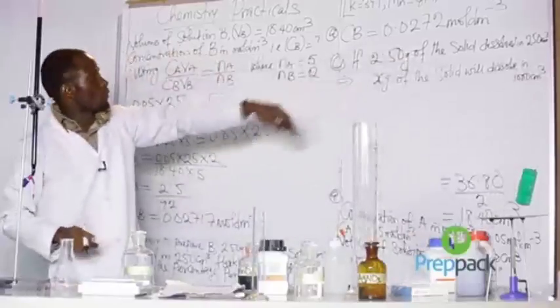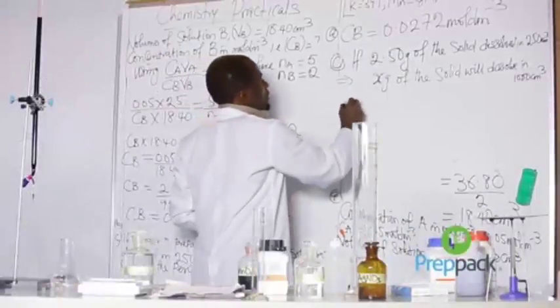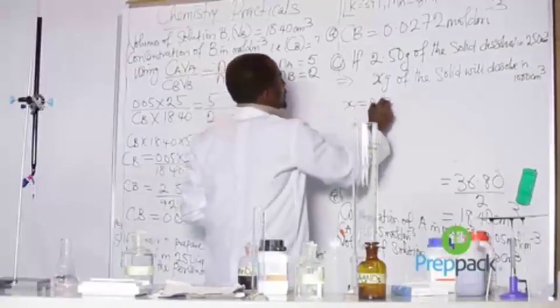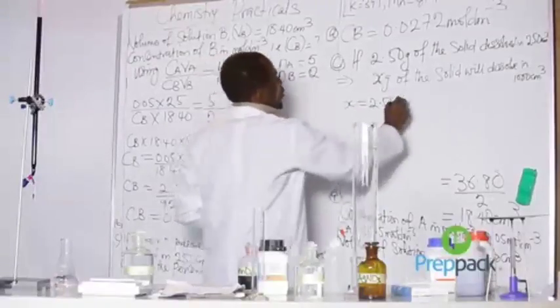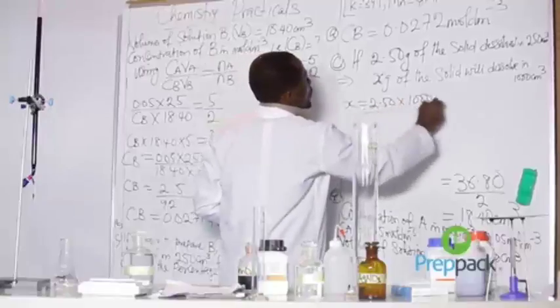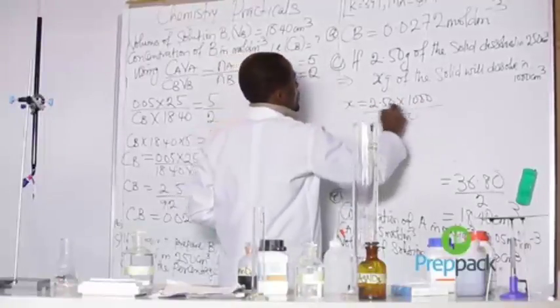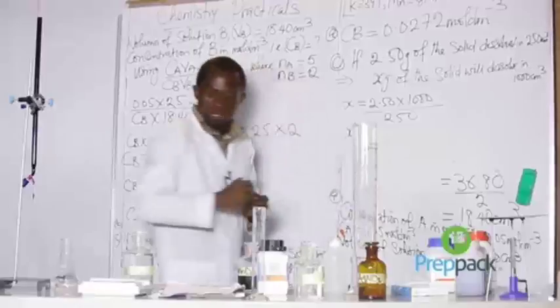Making X the subject of the formula, X becomes 2.50 multiplied by 1000 over 250.